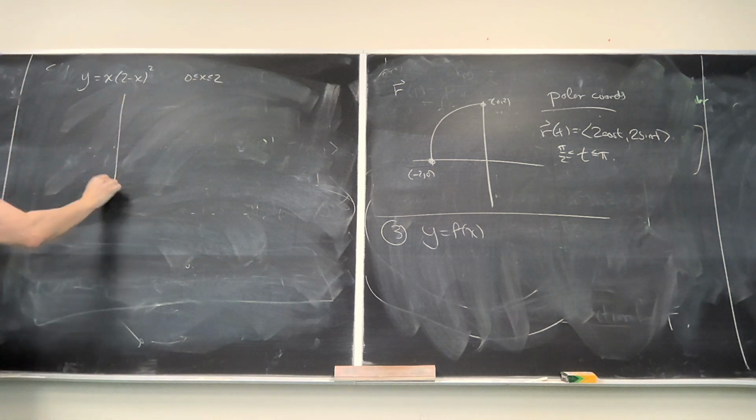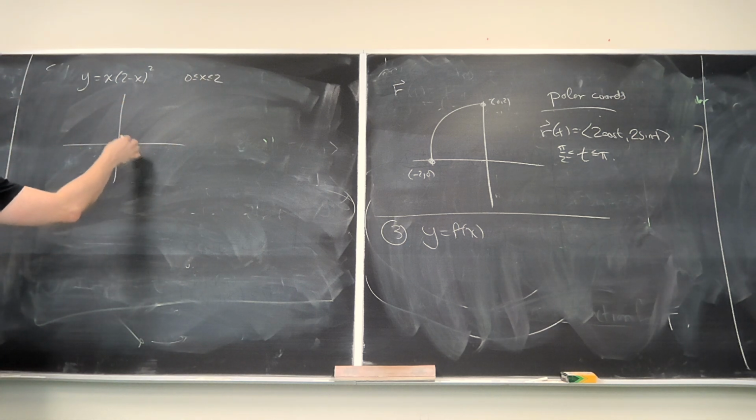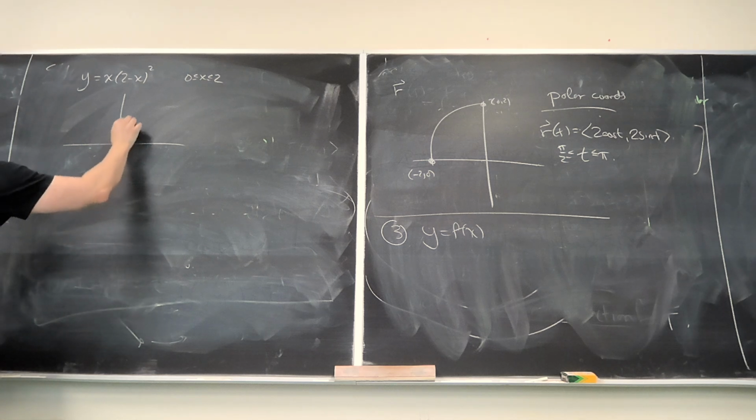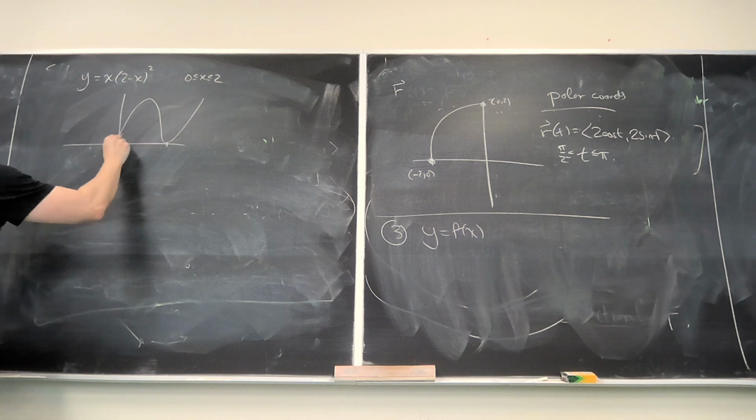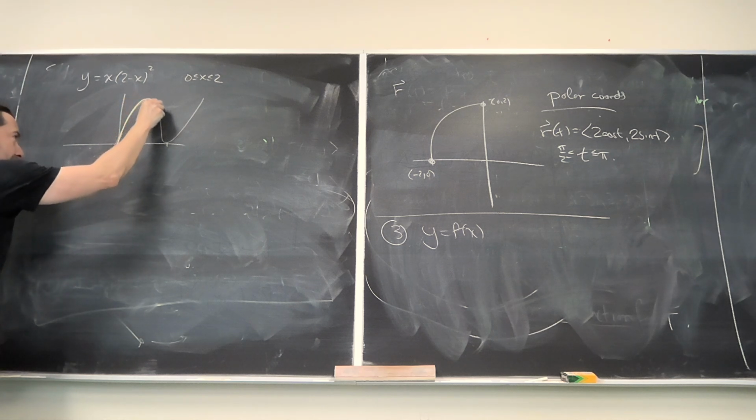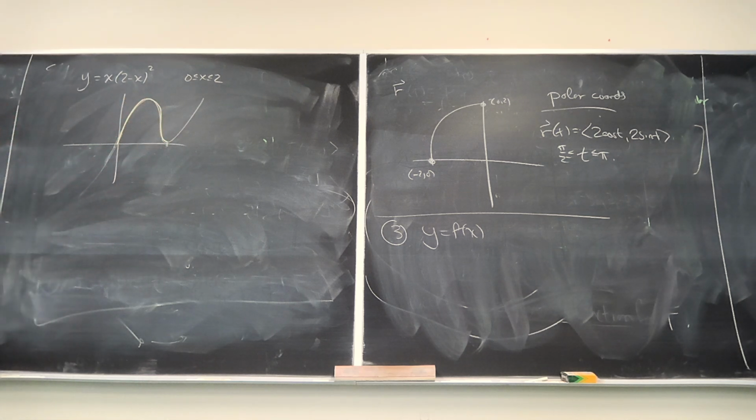I'll plot that for you. So that function goes through 0 from below, and then it comes down and bounces off 2 and then goes up. So the piece of the curve I'm asking you to parameterize looks like this. That yellow segment right there.